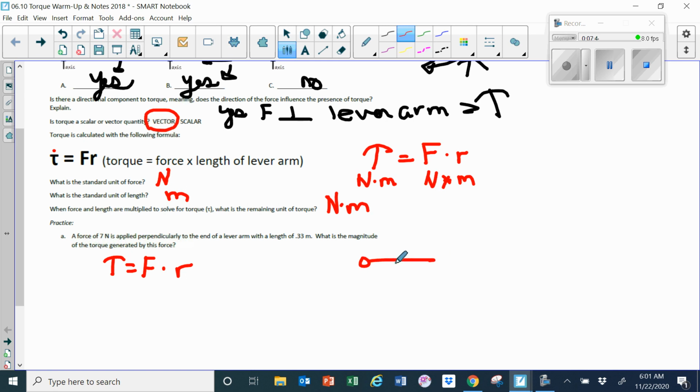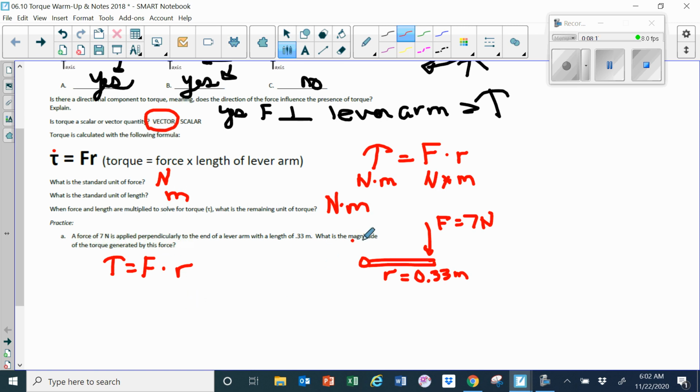We have a lever arm, and here's your force of 7 newtons applied to a lever arm with a length, so this has an R, that's the R right there, equal to 0.33 meters. What is the magnitude of the torque generated by this force?